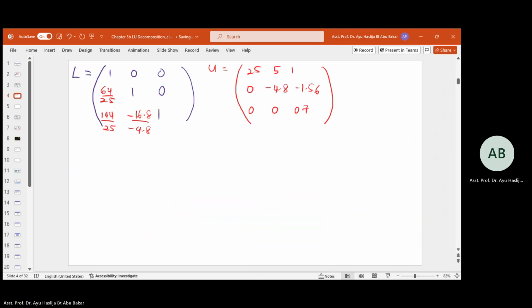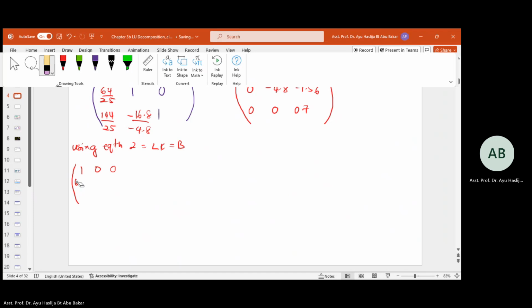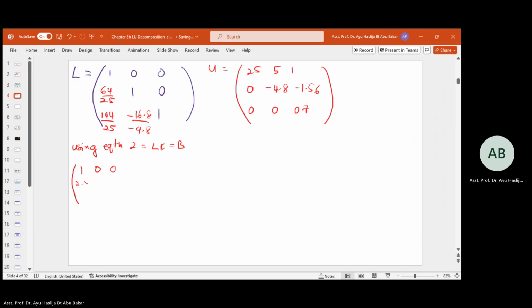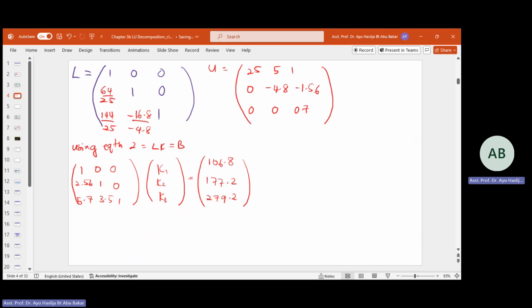So using equation 2, this is L, then your unknowns K1, K2, and K3 equal to B. Then from here, we should find the K values first.